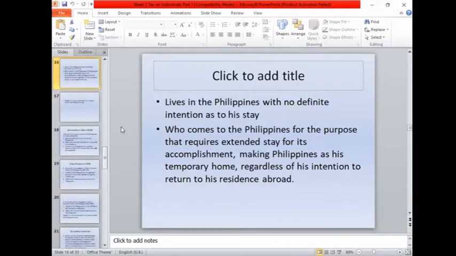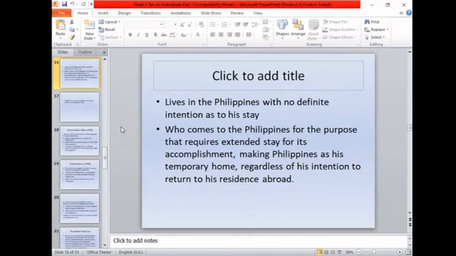Please take note also, as an example, let's say foreign students. If the foreign student, let's say an Indian national, goes to the Philippines to study a 4-year course, they will stay here for more than 4 years. Therefore, if the student stayed for more than 4 years, then he or she is to be called a resident alien.